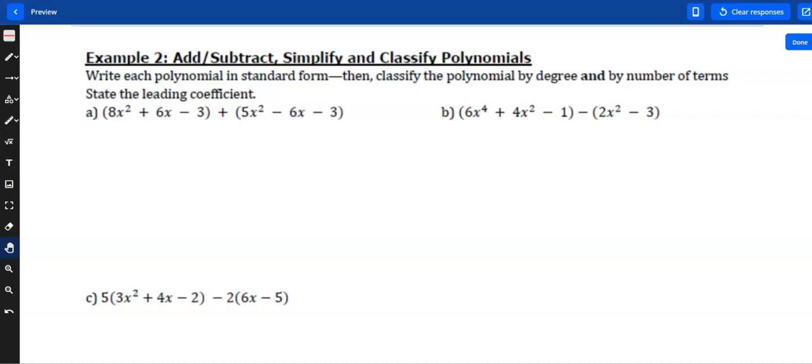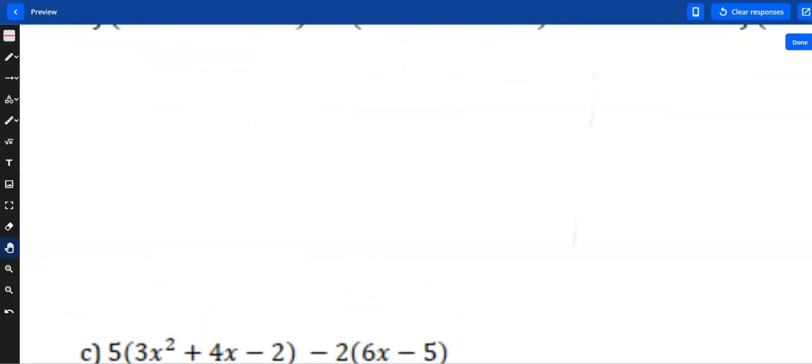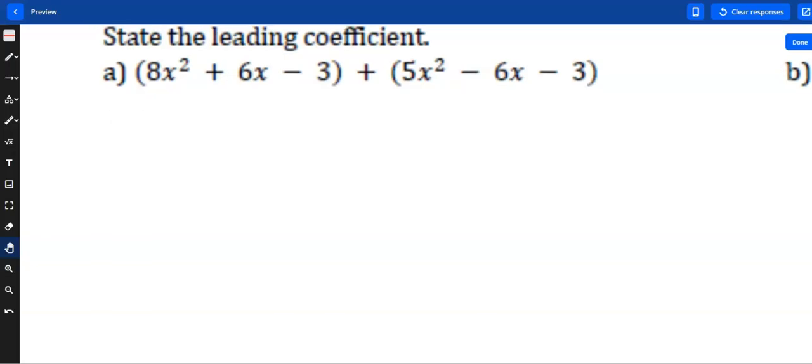Like for this first one, I am going to do something that might seem elementary school like, but I am going to write them underneath each other. So the 5x squared here, I'm going to put underneath the other one. The minus 6x, I'm going to put underneath that one.